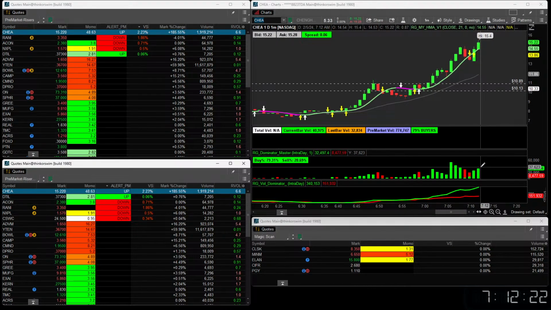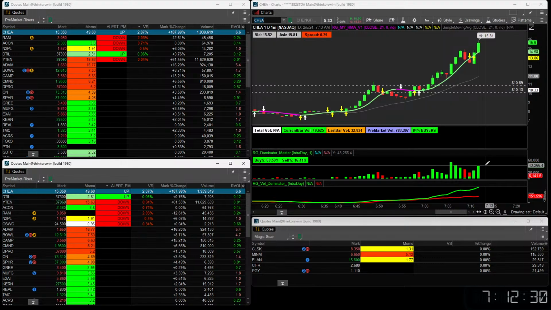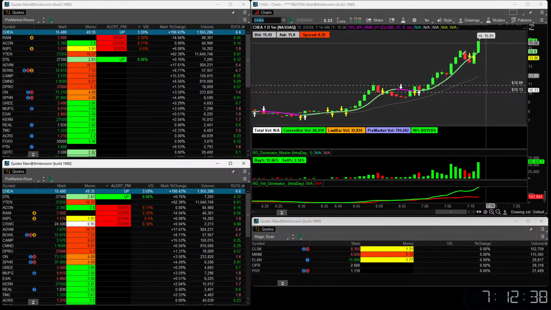Taller than the last one. This is more people finding it as it's rising. We're getting in that danger zone up here, though. How high will it go? That's the question you need to be asking yourself.